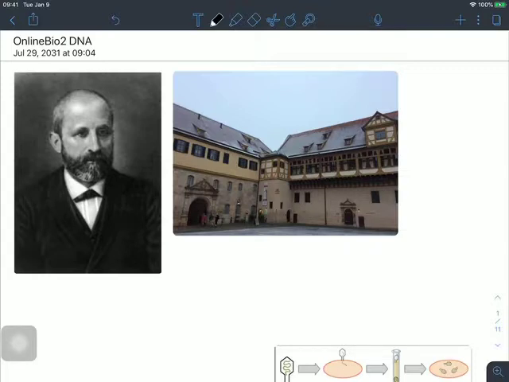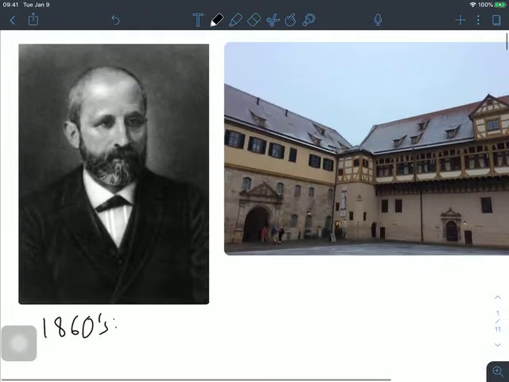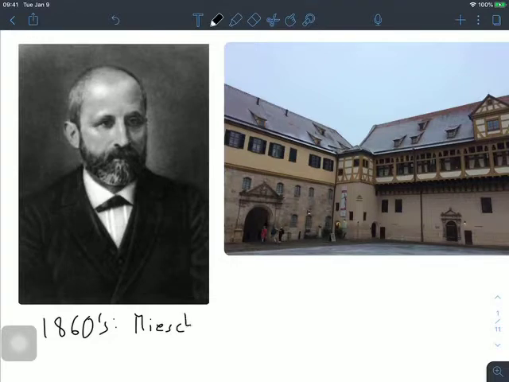So, we first learned about the existence of DNA and isolated DNA in the 1860s. This individual here, Friedrich Miescher, was the first biologist to extract DNA from a nucleus.